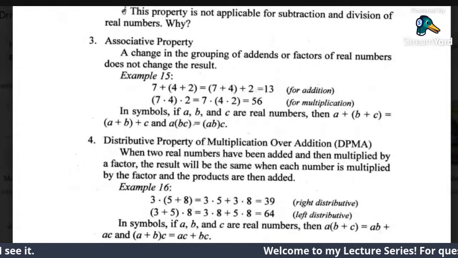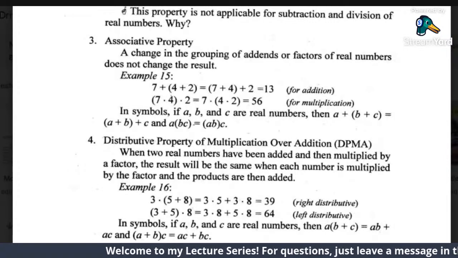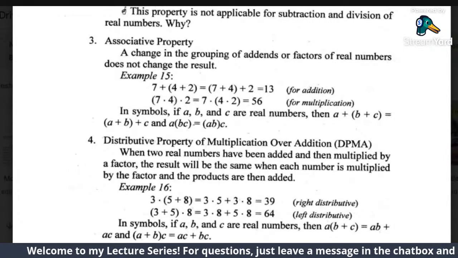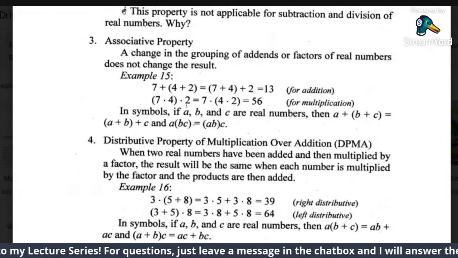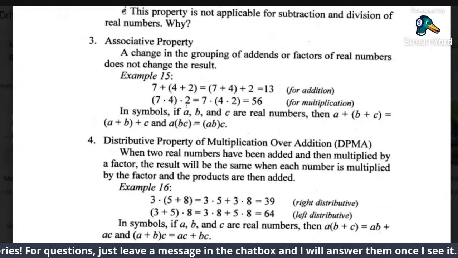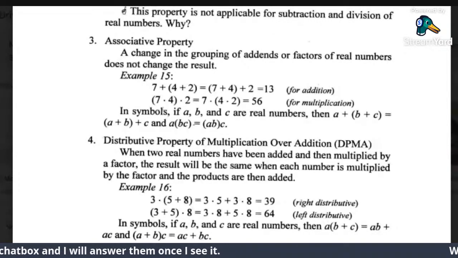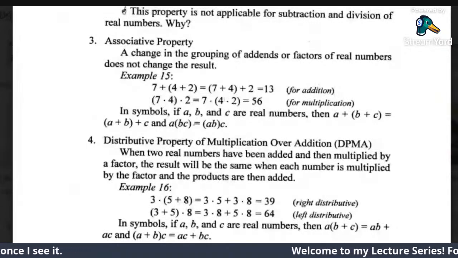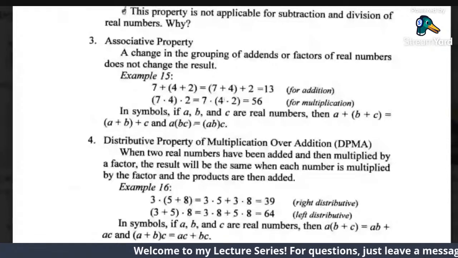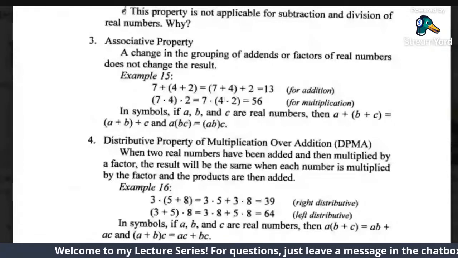And for multiplication, it's the same. 7 times 4, you group 7 and 4 together, times 2. Then we have 7 times the quantity 4 times 2. 7 times 4 is 28, times 2 will give you 56. 4 times 2 is 8, and 7 times 8 will give you 56. So it's basically the same.